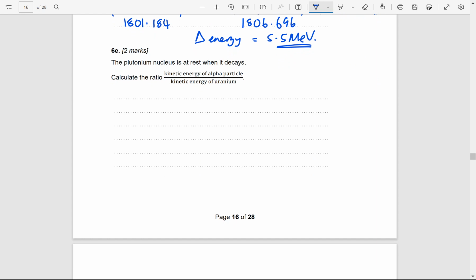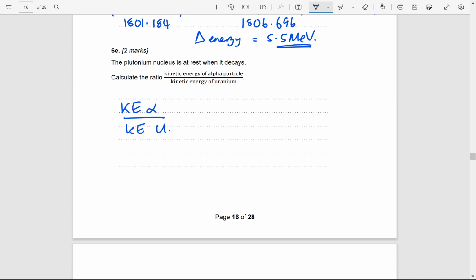Calculate the ratio of the kinetic energy of the alpha particle compared to the kinetic energy of the uranium. So we've got kinetic energy of alpha divided by kinetic energy of uranium.